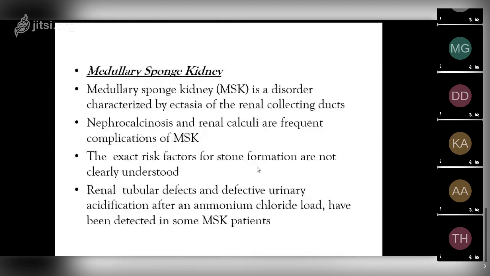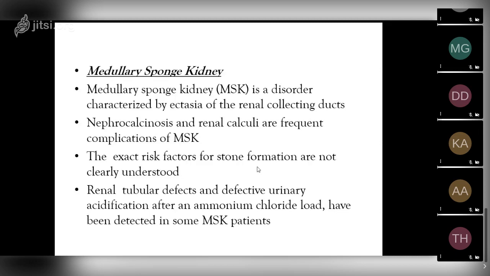The other is medullary sponge kidney. Medullary sponge kidney is a disorder characterized by ectasia of renal collecting ducts, and nephrocalcinosis and renal calculi are frequent complications of medullary sponge kidney.